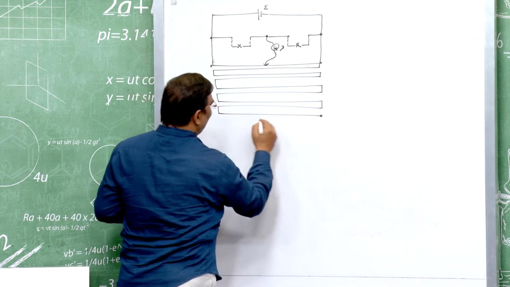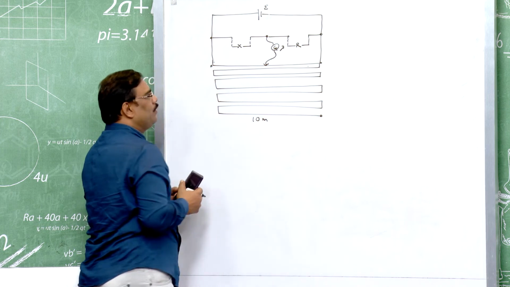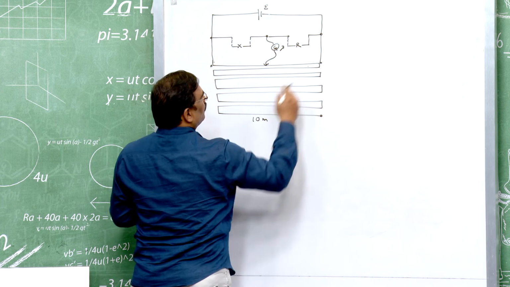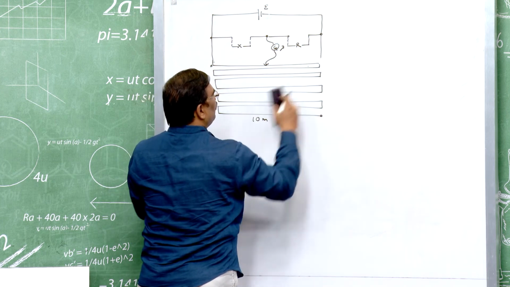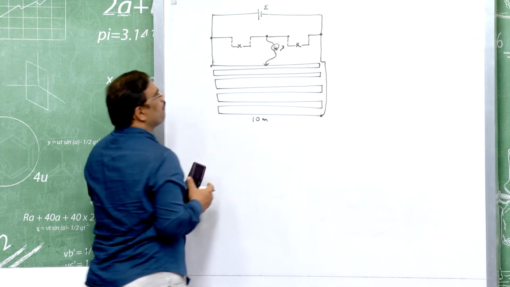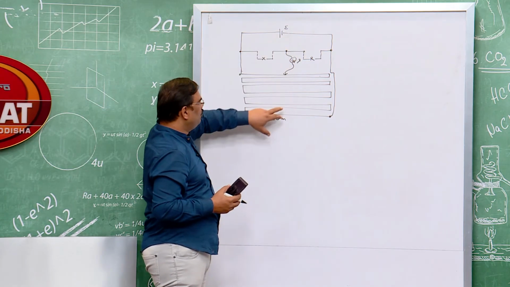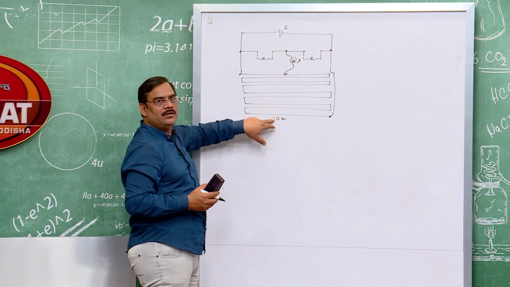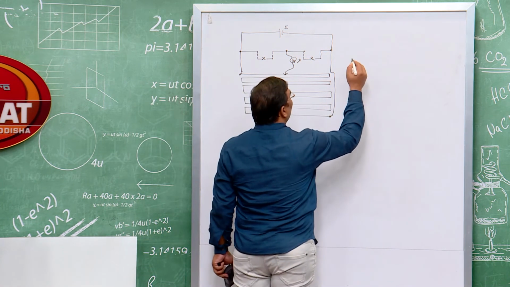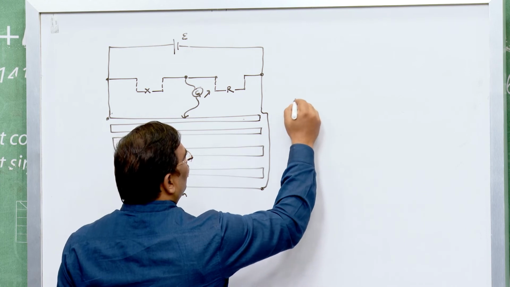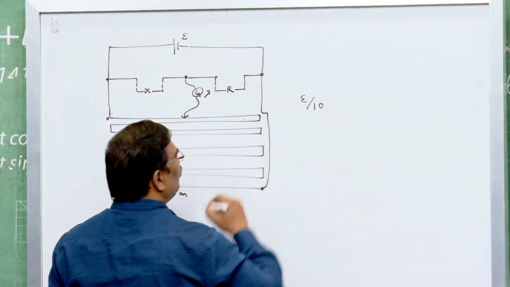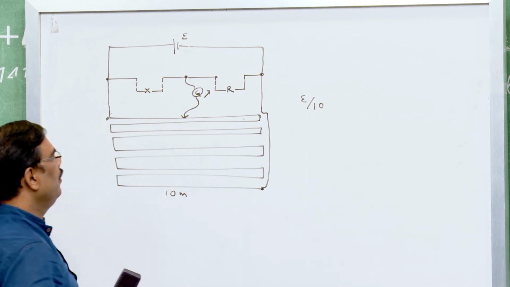If I take it as a 10 meter long wire, then what will happen is that the same potential E is now dropped across a length of 10 meter. Therefore, the potential per meter will be E divided by 10, which was initially E by 1.